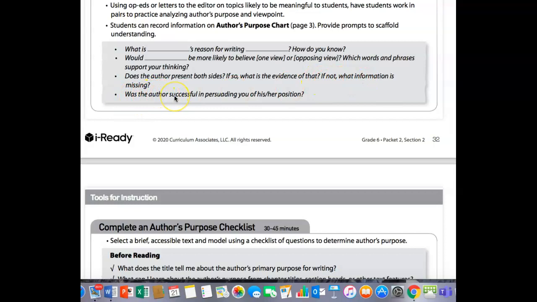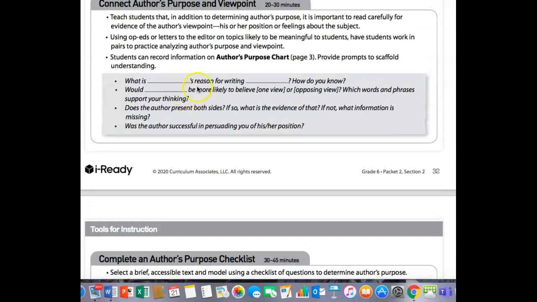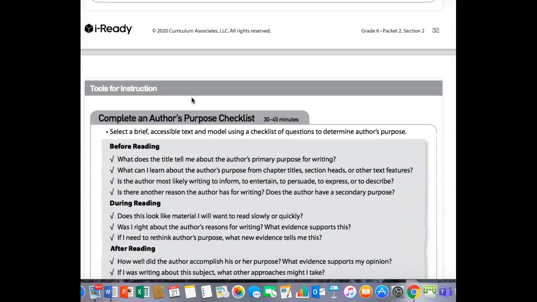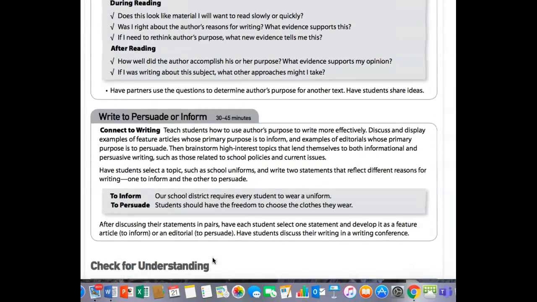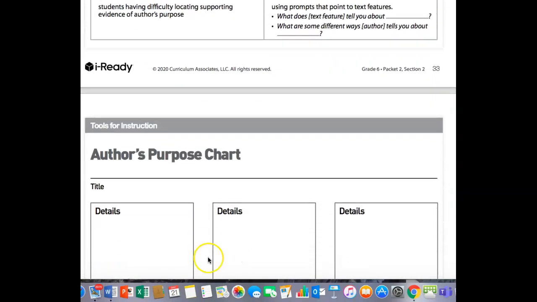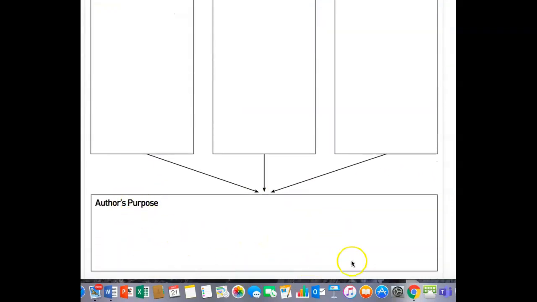And was the author successful in persuading you of his or her opinion? This is if you've picked a book that's persuading you about something, okay? Otherwise, I would use the other questions. Put those answers down here in these details, and at the end, from all those details, you can determine the author's purpose.